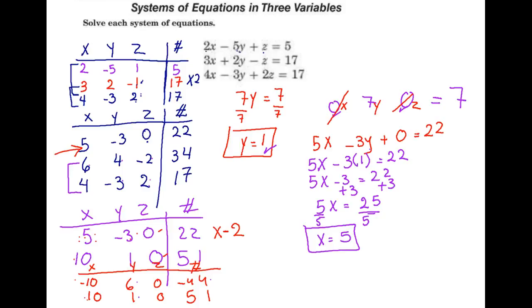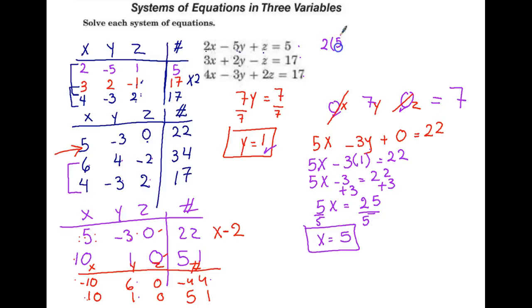Now, once I found 2 of the variables, I can go back to any of the original equations, plug in the values I found, and figure out the third variable. I'll use the first one. It says 2x, and x is 5.